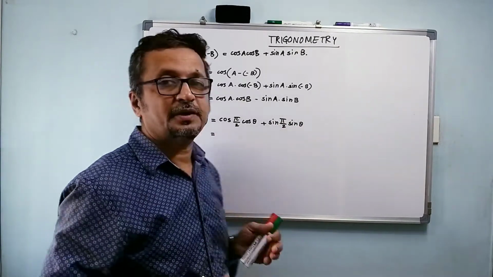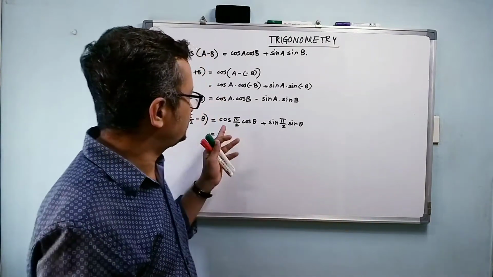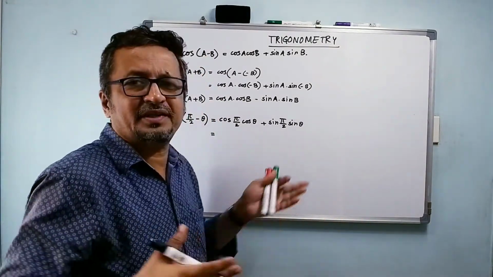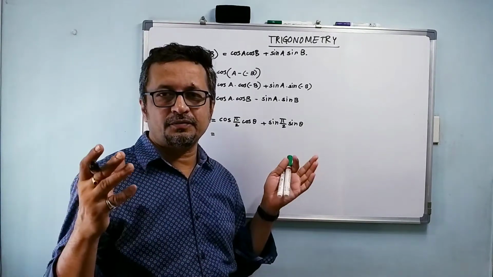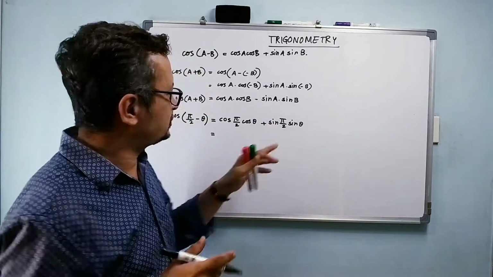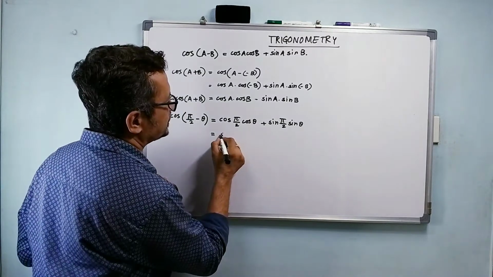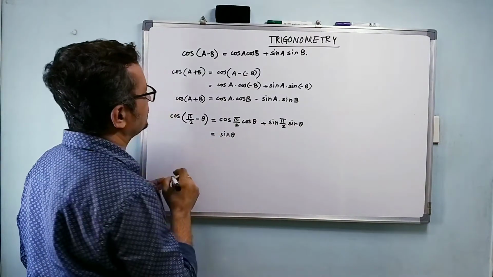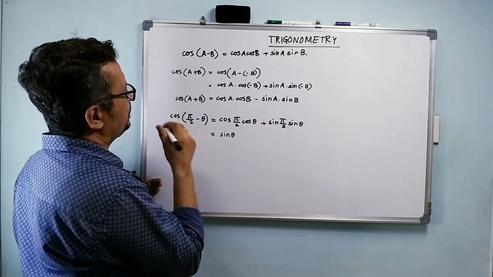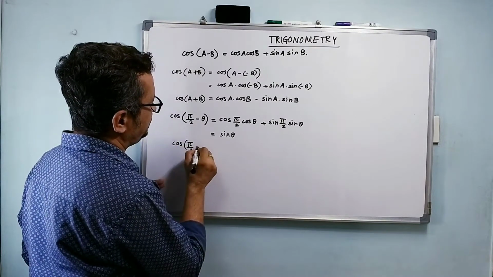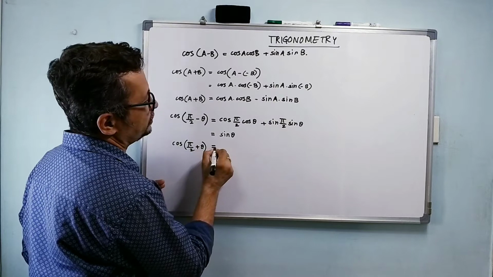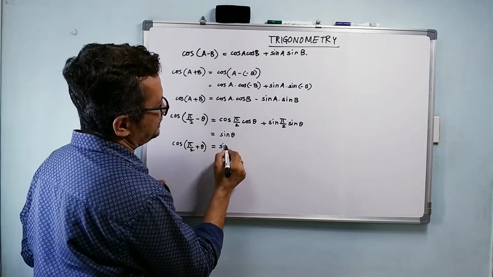Now cos pi by 2, so cos 90 is 0. So 0 into cos theta, 0 into anything is 0, plus sin of 90 degrees, is it not 1? So this is just going to be equal to sin of theta, right? Similarly, my cos of pi by 2 plus theta is going to be sin theta.